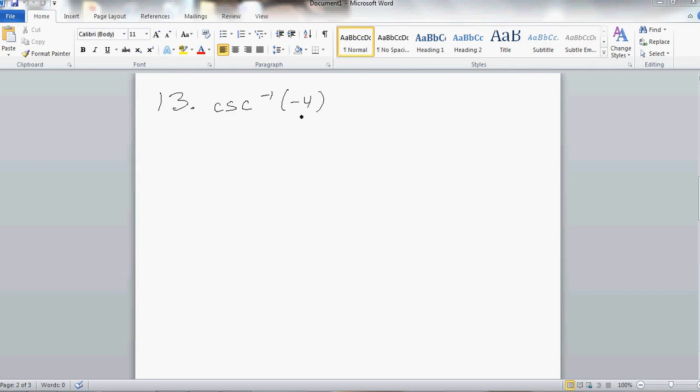First thing we have to do is convert this into a usable form. So cosecant, the reciprocal is sine. So we're actually going to find the arcsine of -1/4. And then once we plug this into the calculator, the arcsine of -1/4 is -0.25. And we've done everything that I can show.